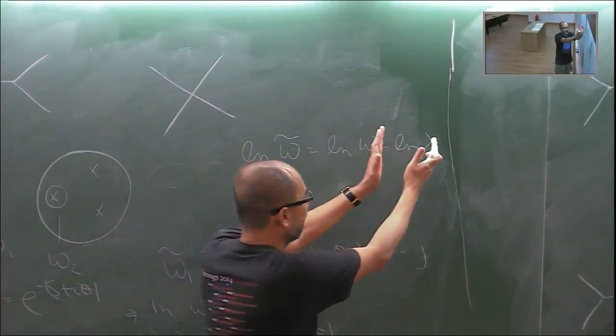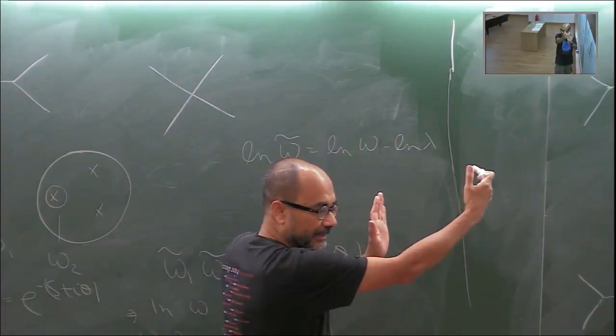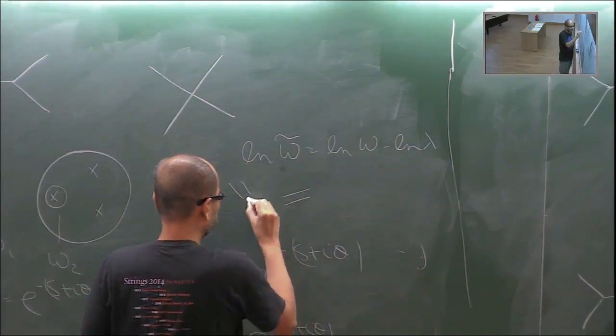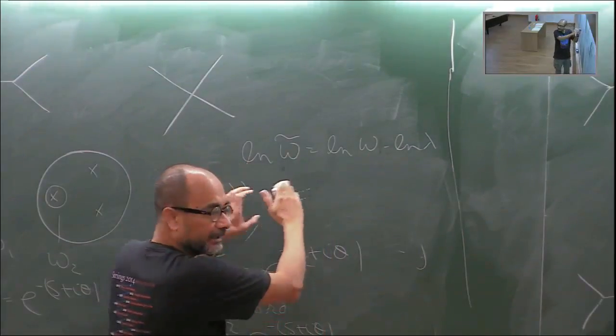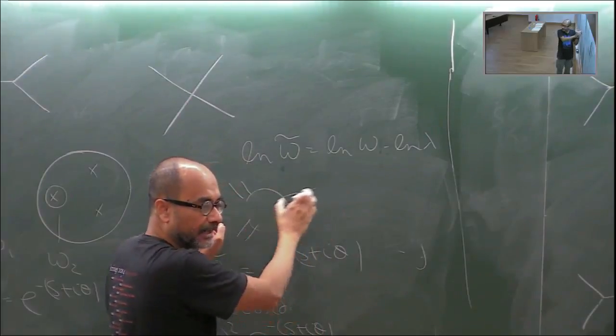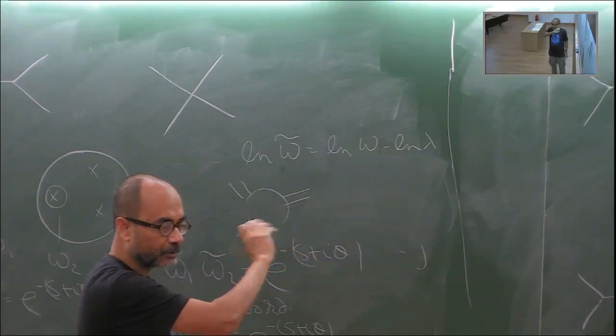And it's as if you are adding a length minus log lambda in the external states. It's as if you are gluing these vortices onto the sphere by adding some cylinders of certain length into the vortices. This is in the logarithmic picture. So that's why it's called stubs, right?